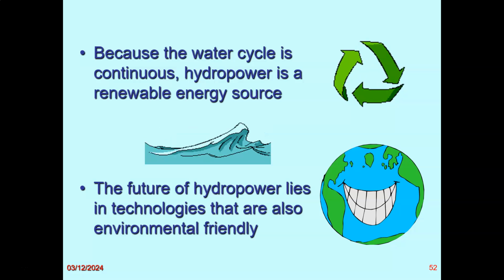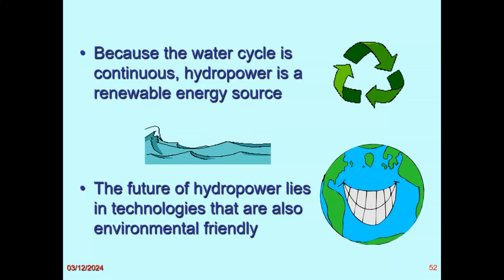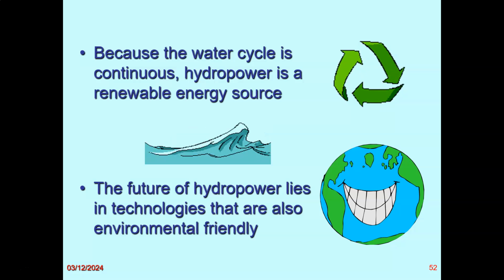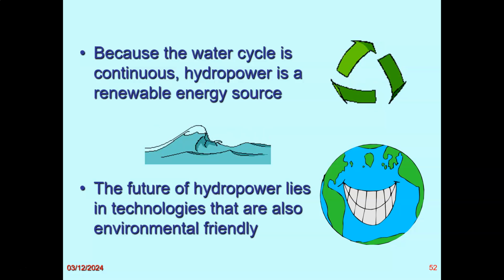So as for the wind, also the water, hydropower, is a renewable energy, and of course, as we already mentioned, it is something very simple, but the future of hydropower relies on this kind of renewable energies. And as we already mentioned, a proper integration, for example, of the wind and hydropower, and also with photovoltaic systems.